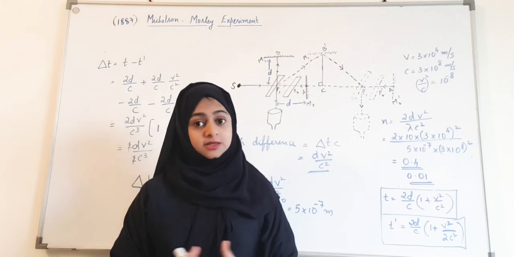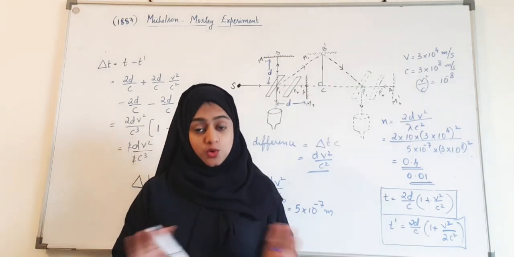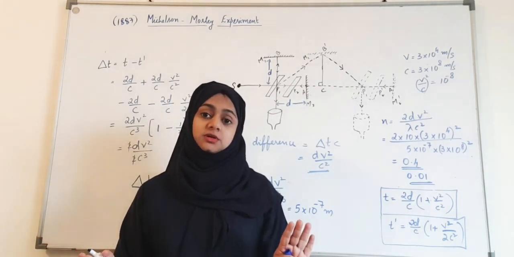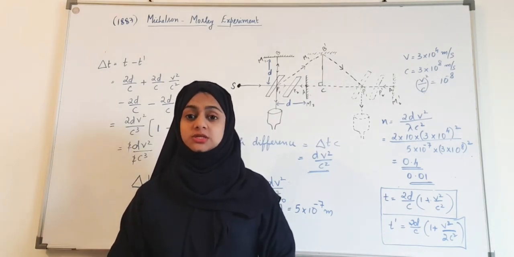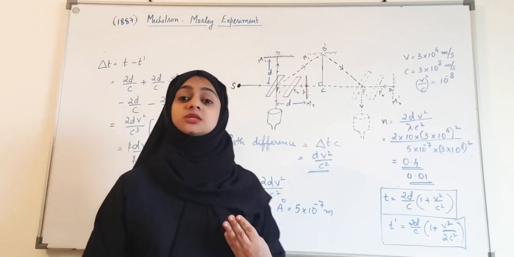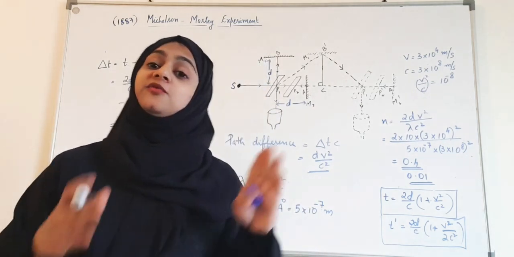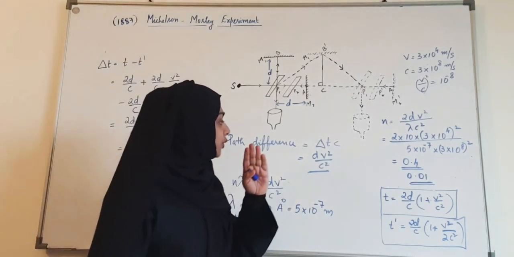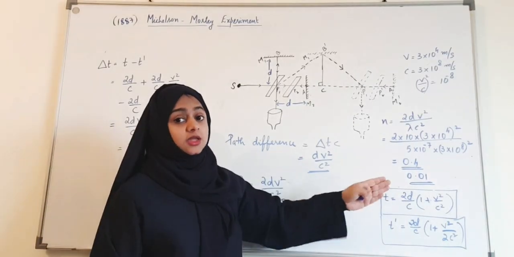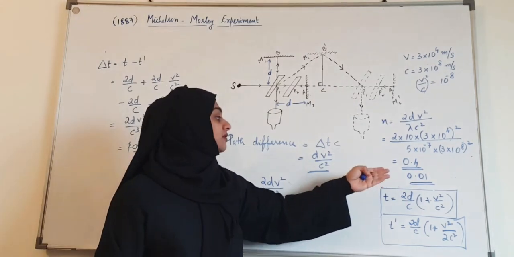But there was no fringe shift observed. They could not measure any shift in the fringes. They repeated this experiment in different seasons, in different parts of the world, but always with a negative result. They could not find the expected fringe shift.